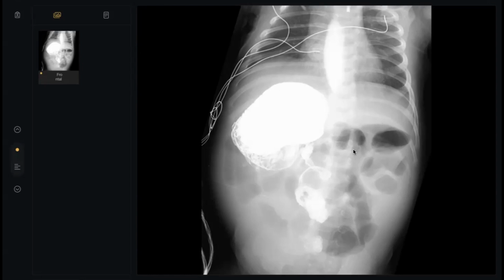What is the name of the sign of volvulus? Corkscrew. Yes, okay. So see, corkscrew is a sign of volvulus, but the duodenojejunal junction on the right side of the vertebral column is a sign of non-rotation. What is the difference between non-rotation and malrotation? Do you know?